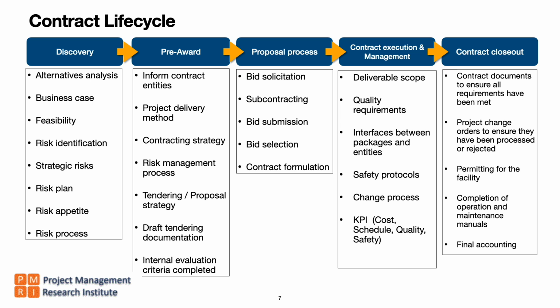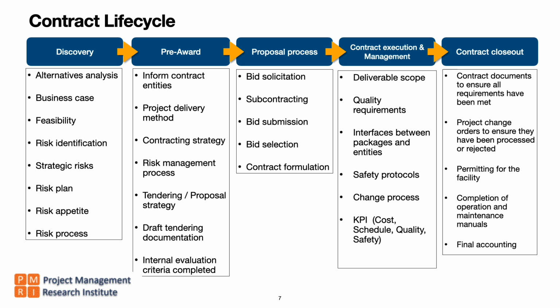Then the proposal process. First thing is bid solicitation. You invite bids from the potential contractors. Then here we need to decide on the subcontracting methods as well. Then the bid submission.